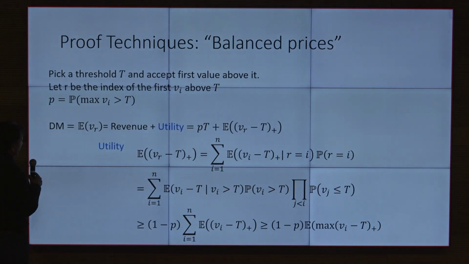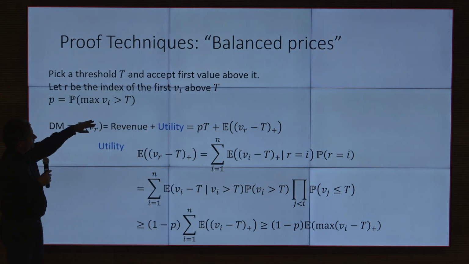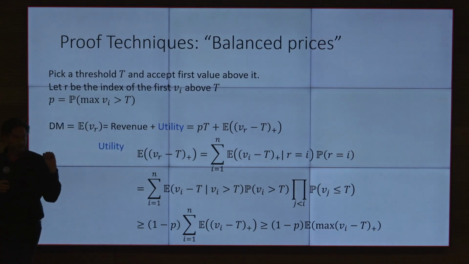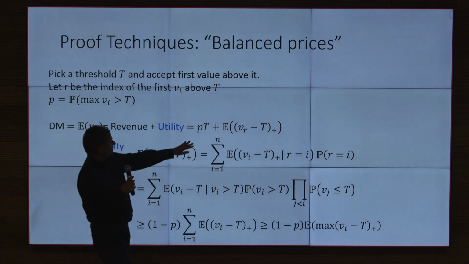We'll decompose the value of the allocation as the revenue of the seller plus the utility of the buyer. The revenue of the seller is very easy: we're selling at price T with probability of selling P, so the revenue is just P times T.